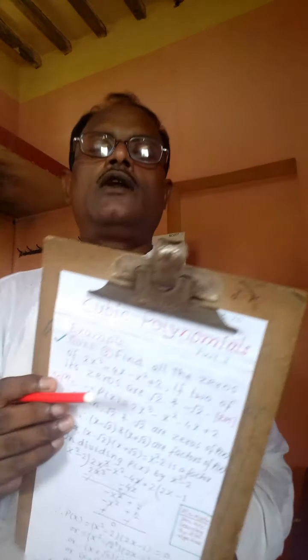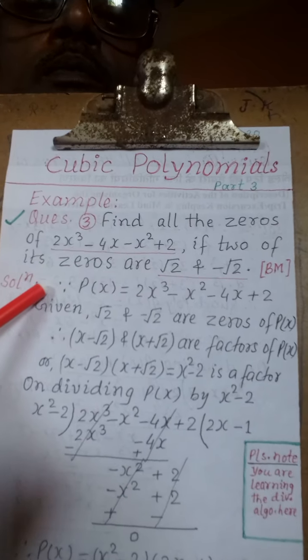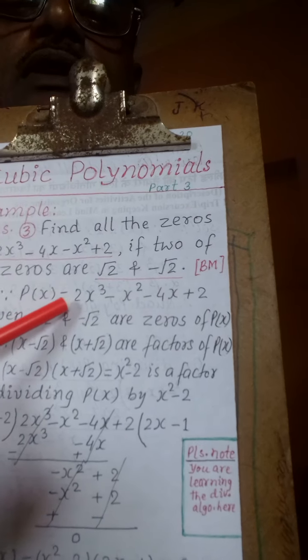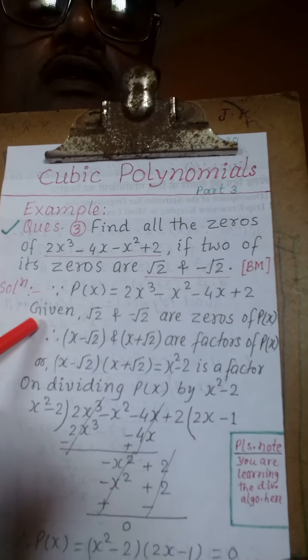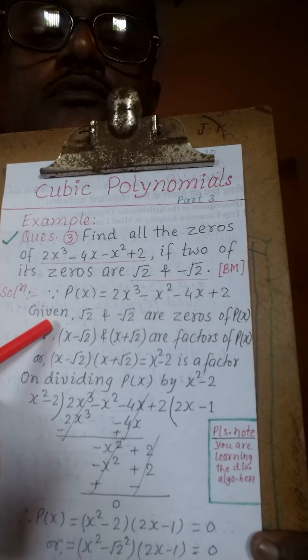First of all, we will write the given polynomial p(x) = 2x cube minus x square minus 4x plus 2, and then we will write the given zeros.